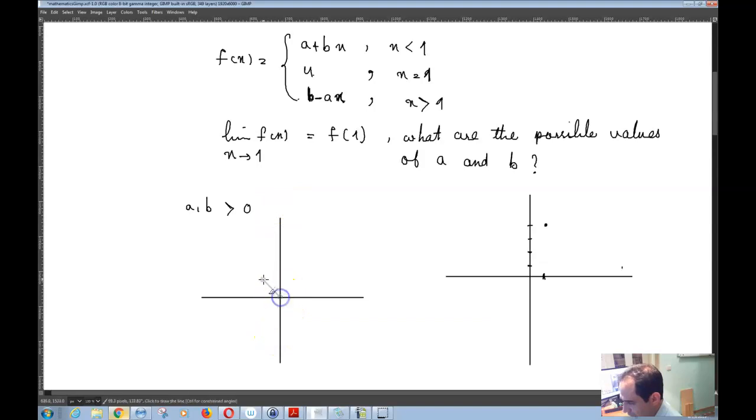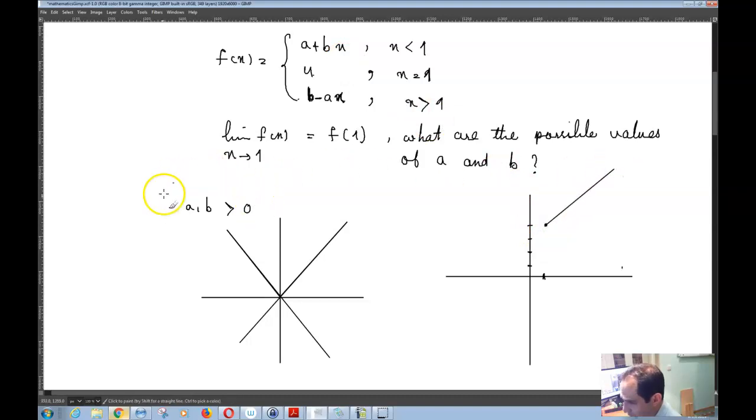Now, if your line is something like this, the slope of this line is negative, and the slope of this line is positive. So this has to be some line with a positive slope, for example.